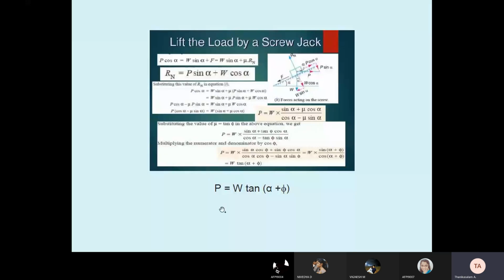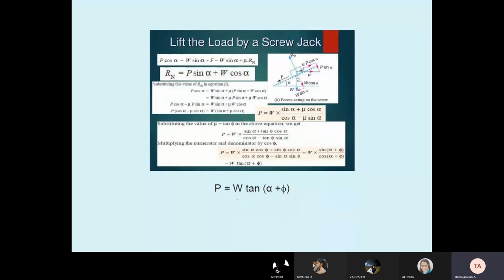Here we are saying not force, we are applying effort. Applied effort P equal to W tan of alpha plus phi. P means applied effort for lifting the load, W weight, alpha equal to helix angle, phi equal to angle of friction.